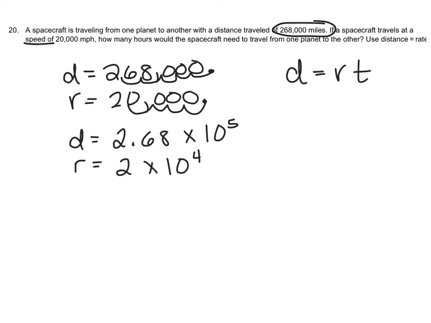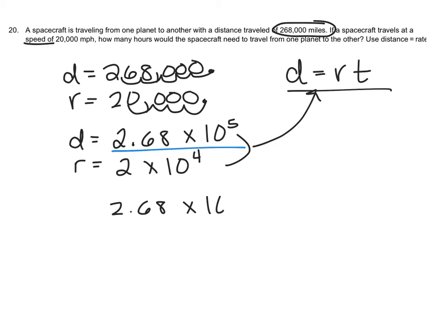Now I'm going to substitute these values into the formula D equals R times T. D is 2.68 times 10 to the 5th power, and that equals R, which is 2 times 10 to the 4th power, times T. And that's the variable that we're going to solve.